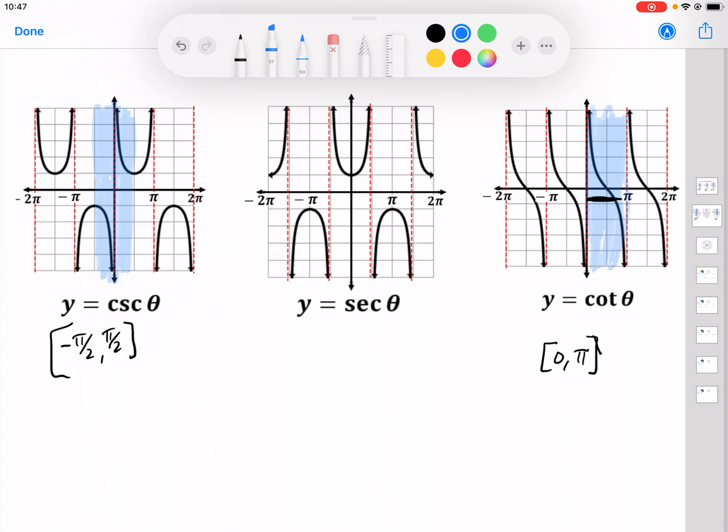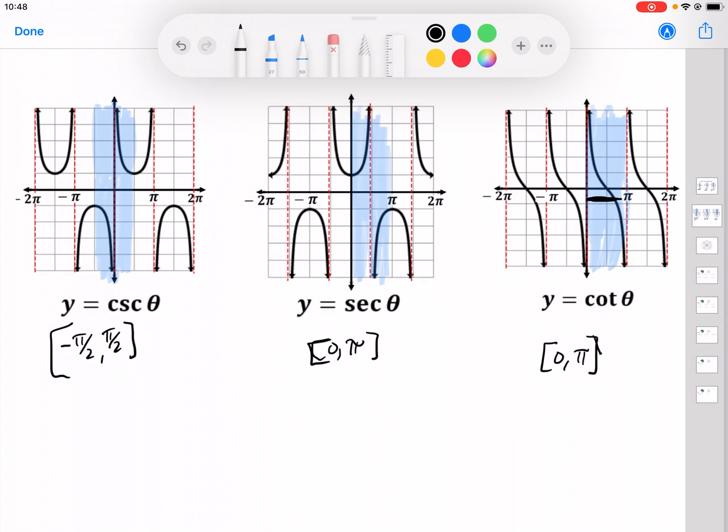And then same idea with secant. If I went from -π/2 to π/2, this graph in the middle here would not pass the horizontal line test. So that's a problem. So instead, I'm going to take this little section right here from 0 to pi, just like cosine. Wow, that looks ugly. And that would be the portion we use.